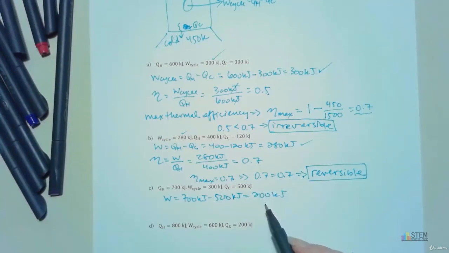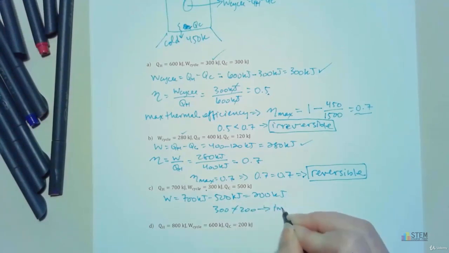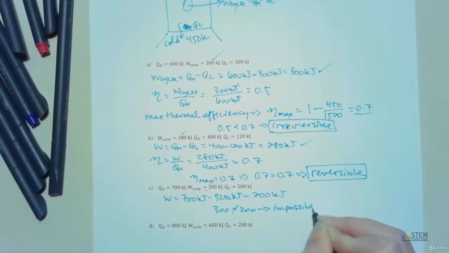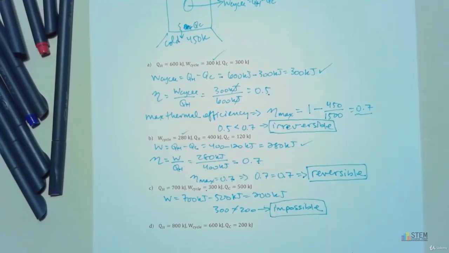They are claiming 300. So they don't match up here. So 300 is not equal to 200. So this is just an impossible scenario here. All right, so they're making false claims with that one. Can't have a power cycle and get that for the work. All right, that one was easy.